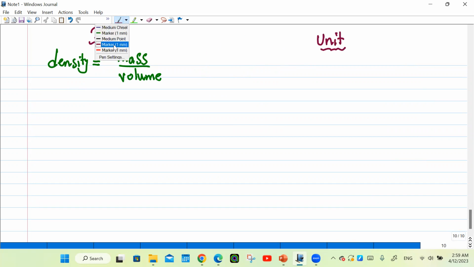The unit of the density is measured in gram per cubic centimeter or kilogram per meter cube.